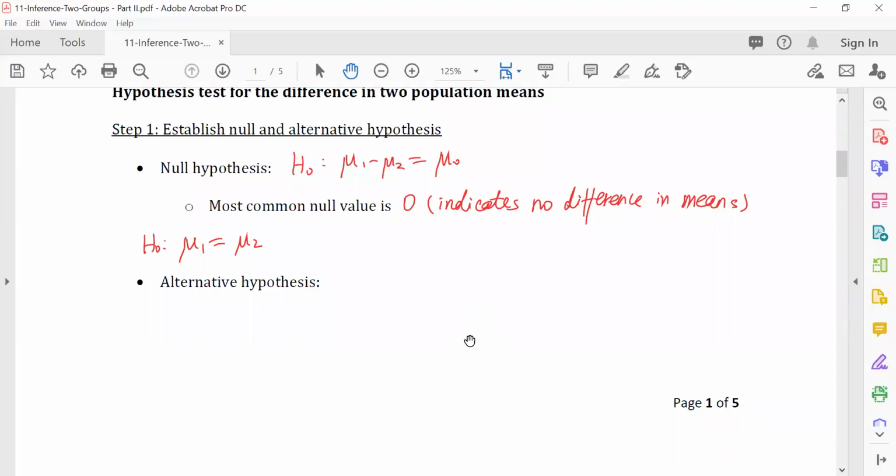The alternative hypothesis, HA, is mu1 minus mu2 greater than 0, or mu1 greater than mu2. This is the first form. Second form, less than sign.